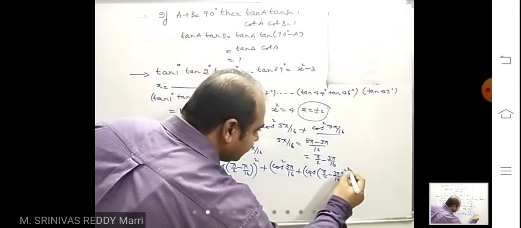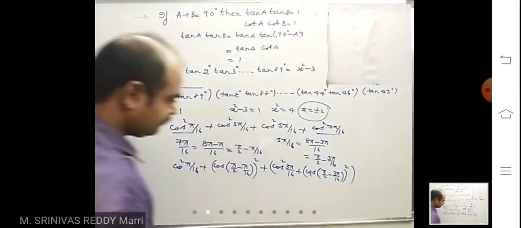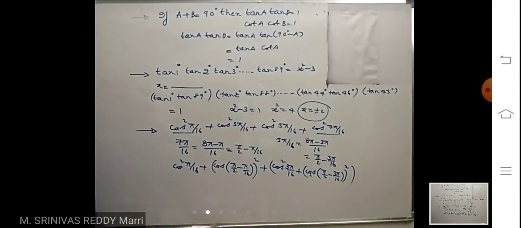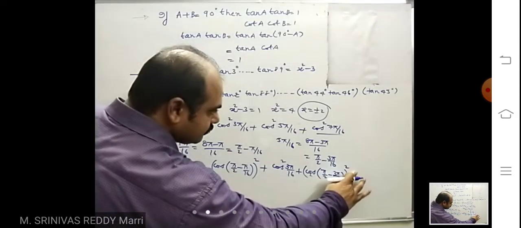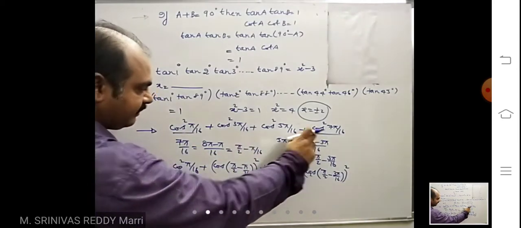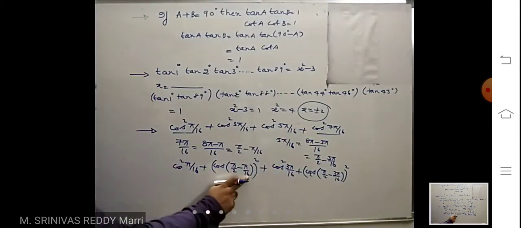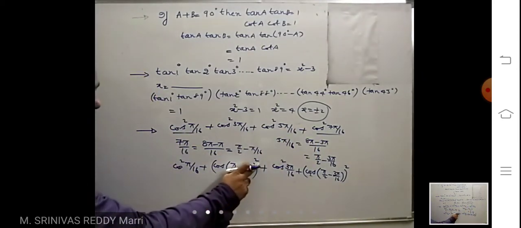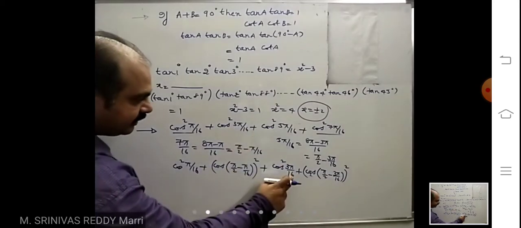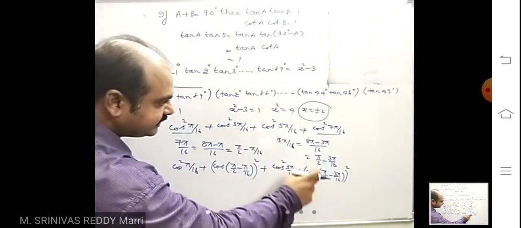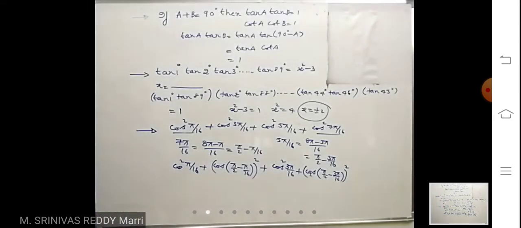These two I have clubbed. This and this I have clubbed: 7 pi by 16 is pi by 2 minus pi by 16, whole squared. This and this I have clubbed: 5 pi by 16 is pi by 2 minus 3 pi by 16.